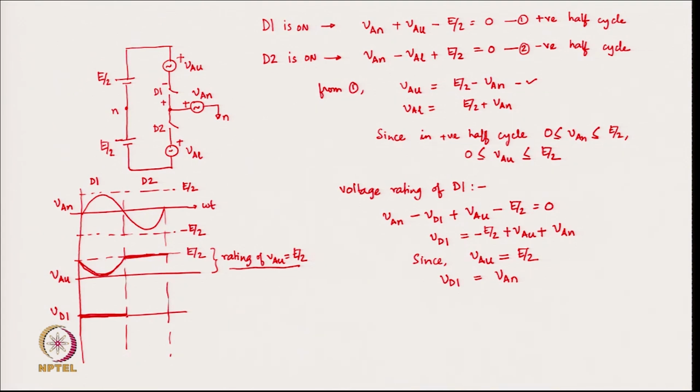So, therefore, this will be equal to VAN. So, this follows VAN voltage here. Okay. So, this is what appears across the directed switch D1, and accordingly we have to design it.